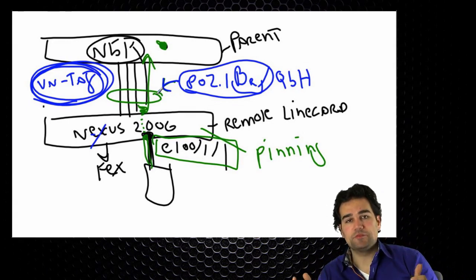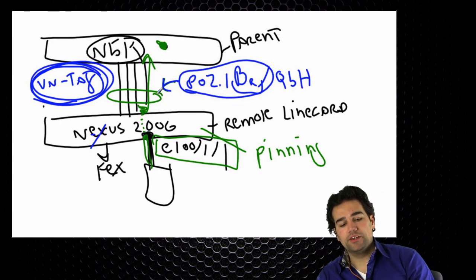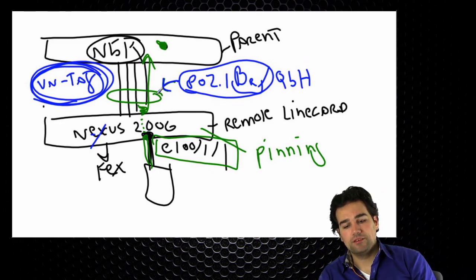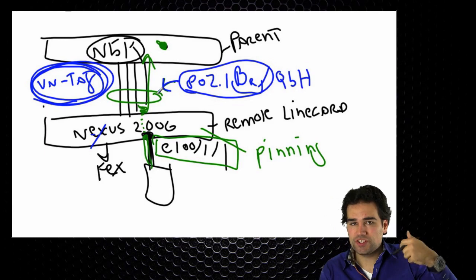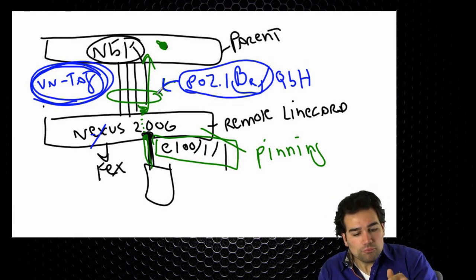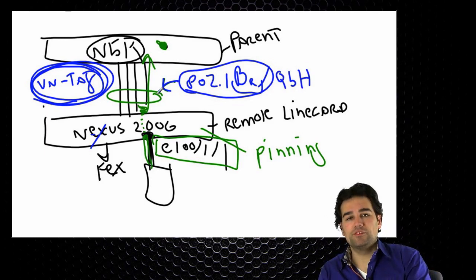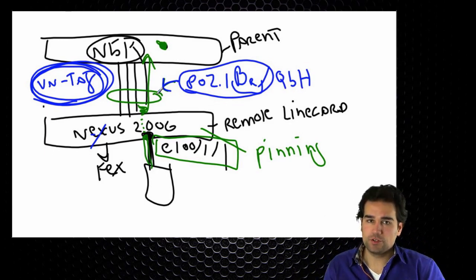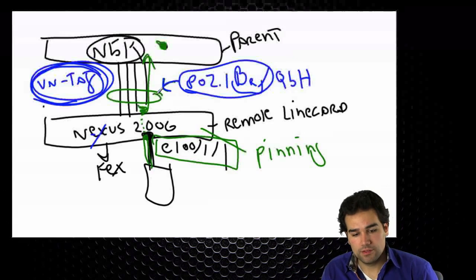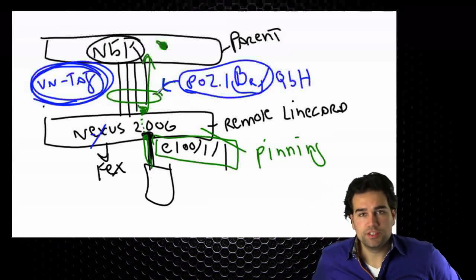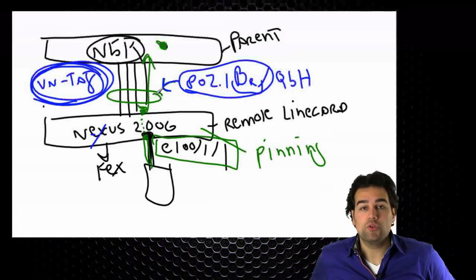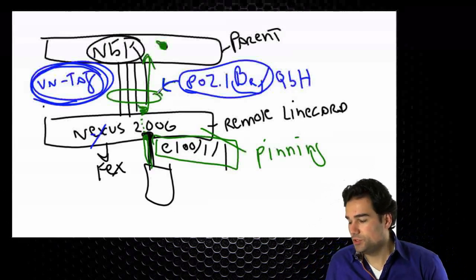So same concept as I explained in end host mode. Here the Nexus 2000 uses port pinning. So once you understand the concept of pinning, you can reuse the same technology or the same architectural knowledge towards multiple sites in the network. So either using single links or using port channeling, both are supported towards the Nexus 2000 switches.